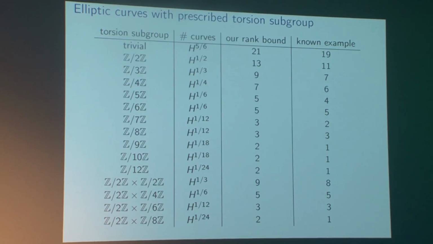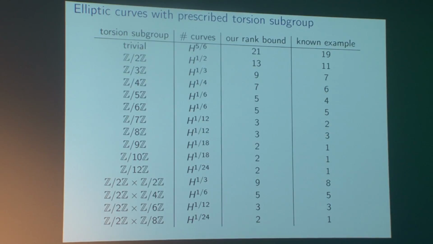Because the known examples are always below or equal to the actual bound that we say should happen. And it looks kind of close too. To me, it looks as if we must be doing something right. Anyway, you can judge for yourself.